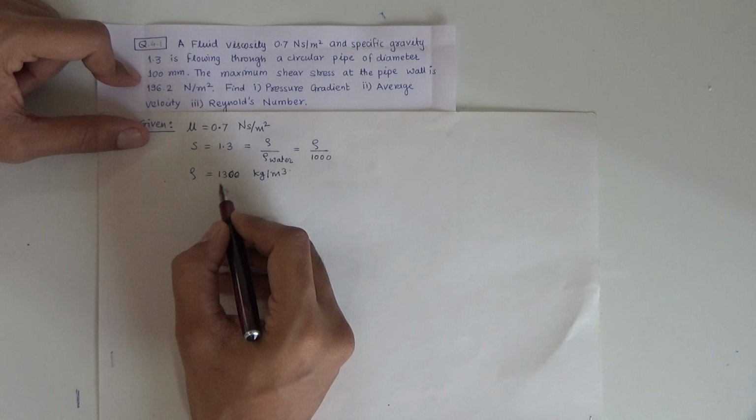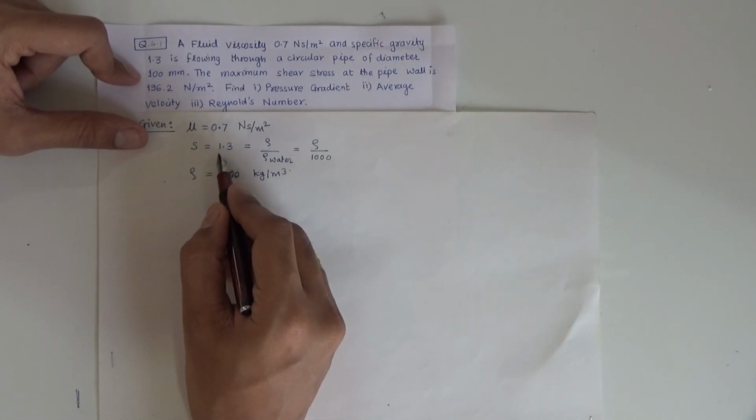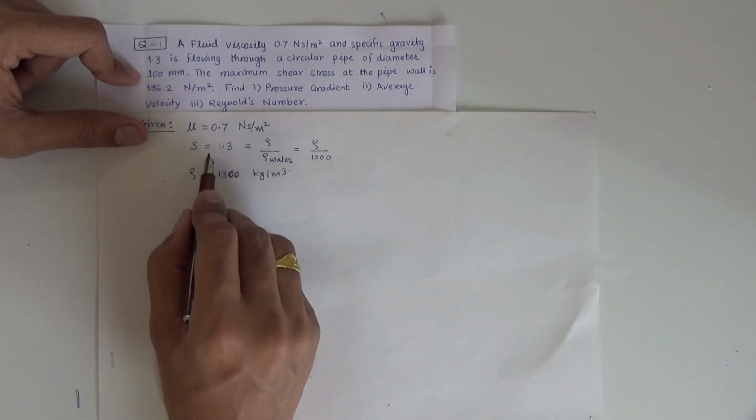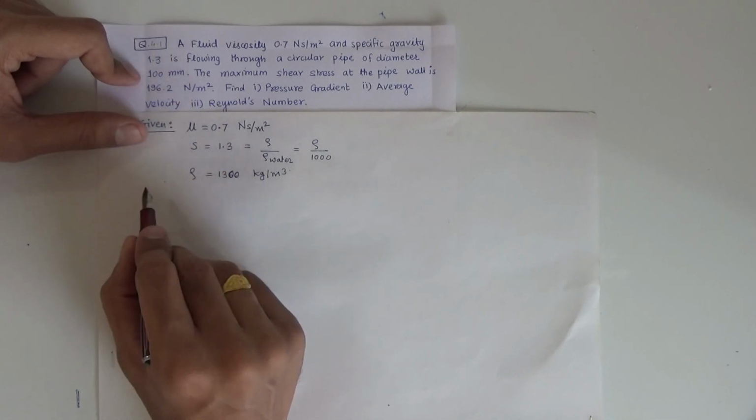Now it is heavier than water. We can understand that specific gravity greater than 1 means it is heavier than water. If the specific gravity is less than 1, then it indicates that the fluid is lighter than water.